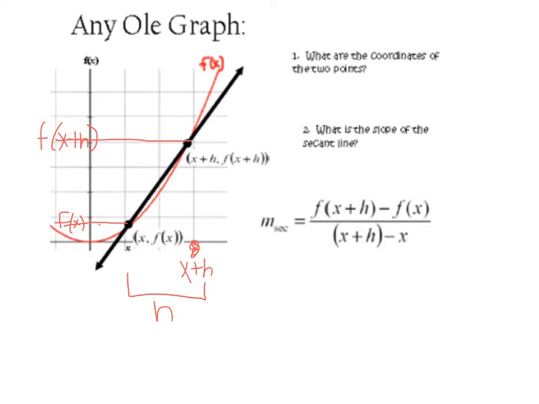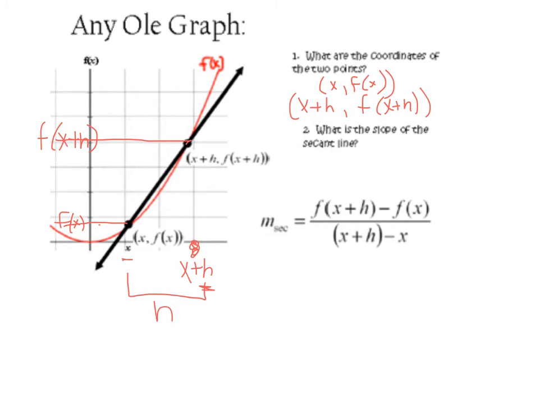Because this is the x coordinate, and then this is x plus h, so here we have the 2 coordinates. So what are the coordinates of the 2 points? Well, the 2 points are x and f of x. And we have x plus h, the second point, right? We add h to it. And then whatever the y-coordinate is for that point, f of x plus h.